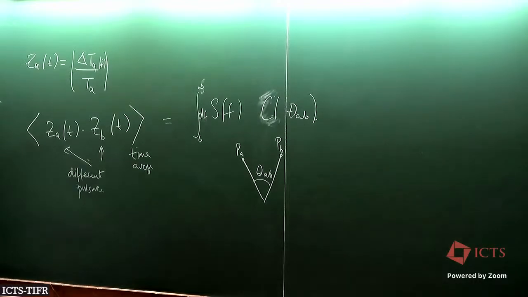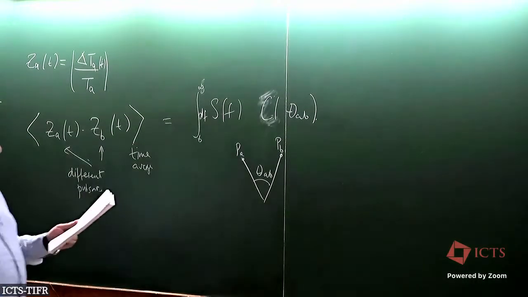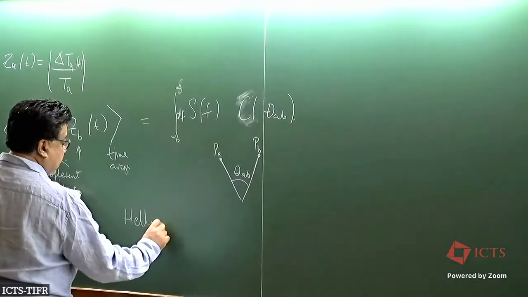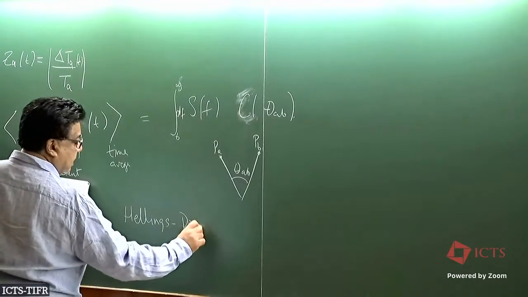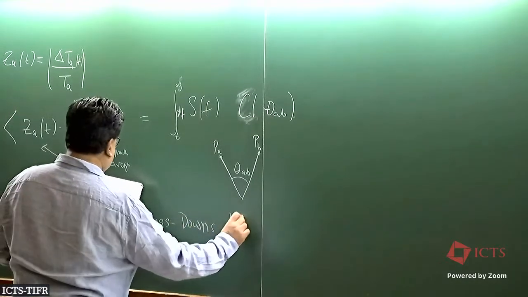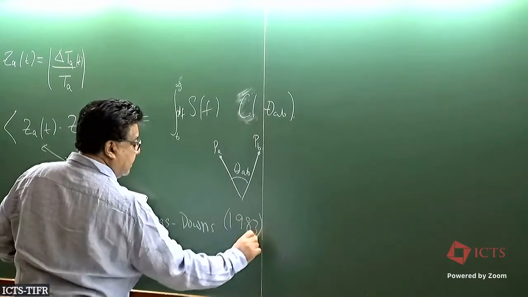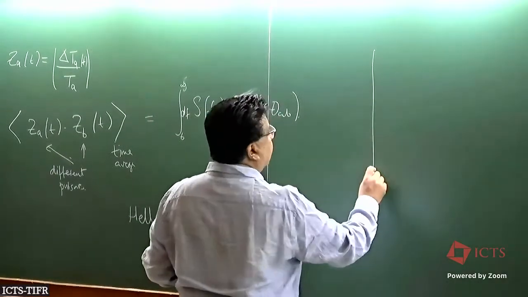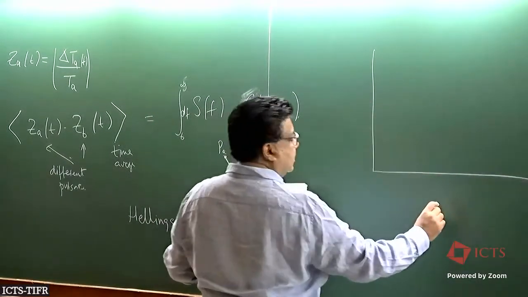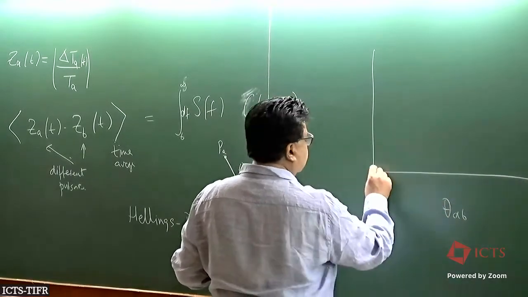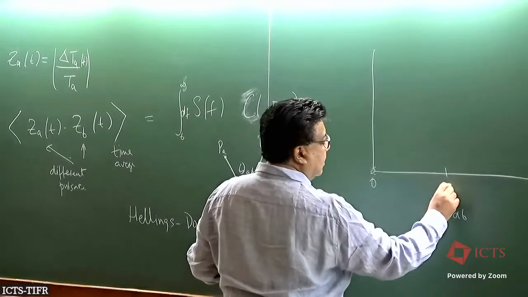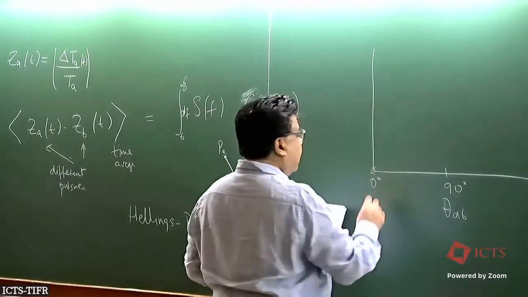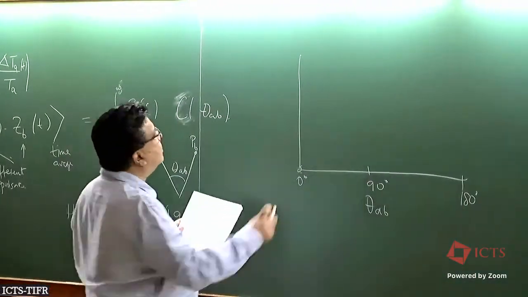What is predicted, and this was done by Hellings and Downs in 1983, is the following. Theta AB goes from 0, 90, to 180 degrees, and the curve looks something like this.